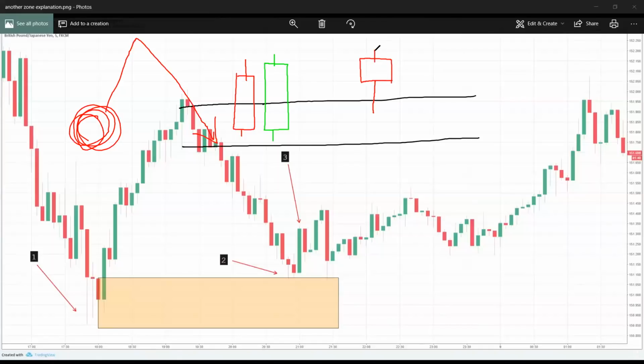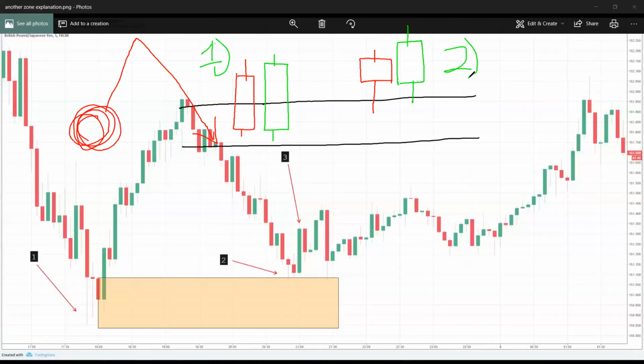Then we have a green candle. So now what I mean when I'm talking about this is, when I see something like this, there are two entries. So this is entry 1, setup 1 and setup 2.